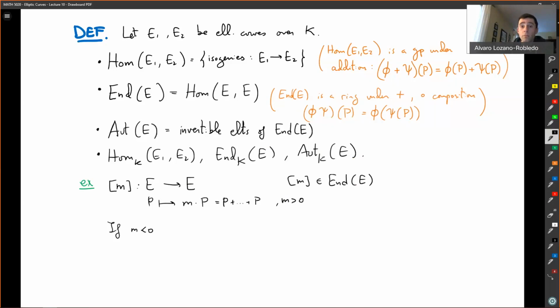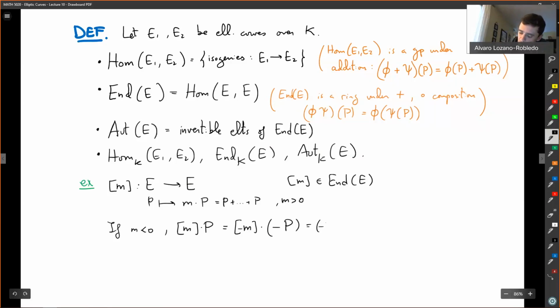I mean, it's also a morphism, so I can define m times P with m negative to be minus m, which now would be positive, which is one of the ones above, times minus P. So I can find first minus P and then add that one m times.